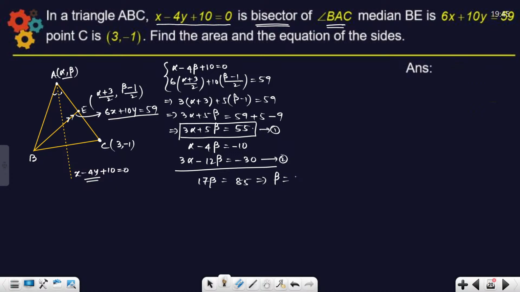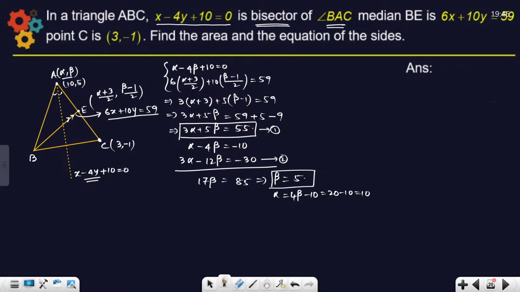Oh, good. Beta is coming to 5, right? If beta is 5, then your alpha comes to 4 beta minus 10, that is 20 minus 10, that is 10. So the point A is nothing but 10, 5. Point A is what? It's 10, 5. Okay, so you got the point A.